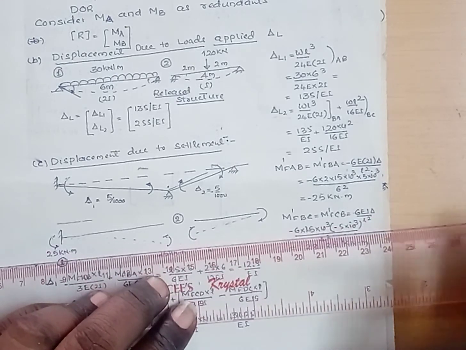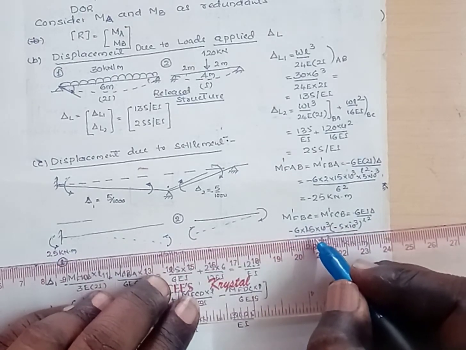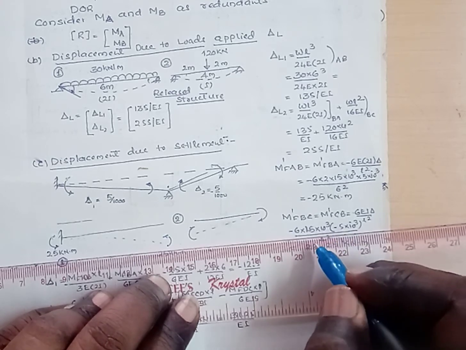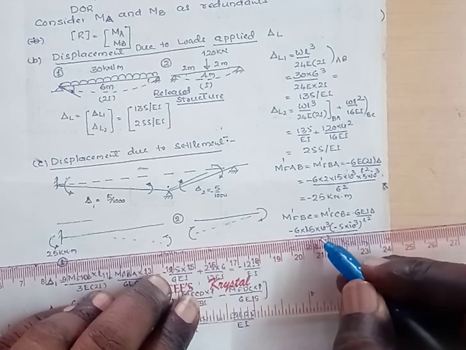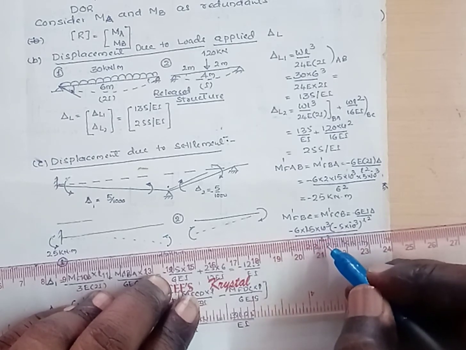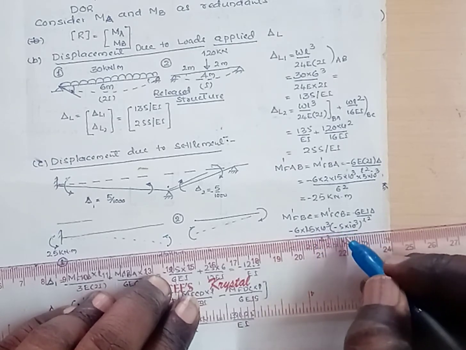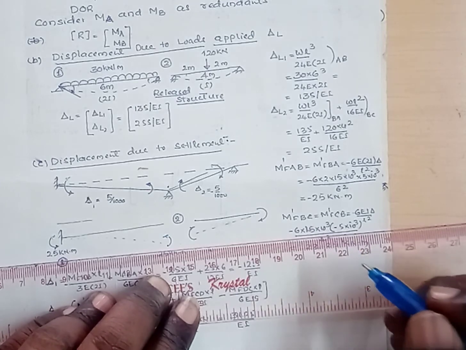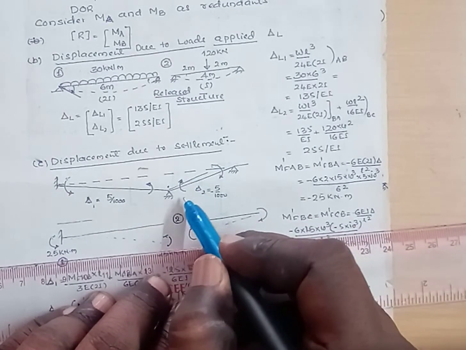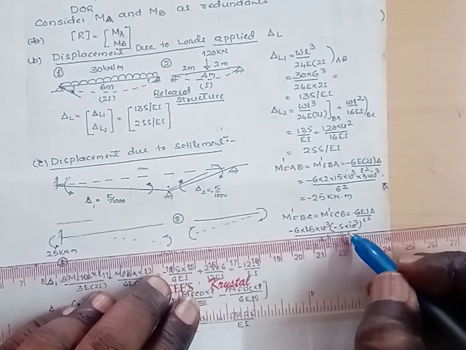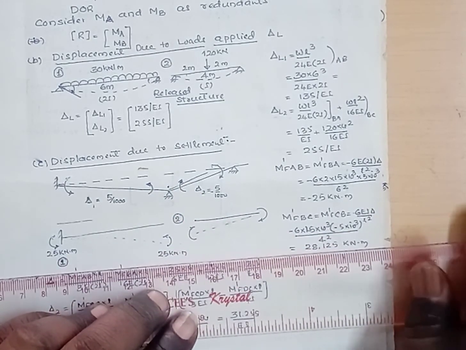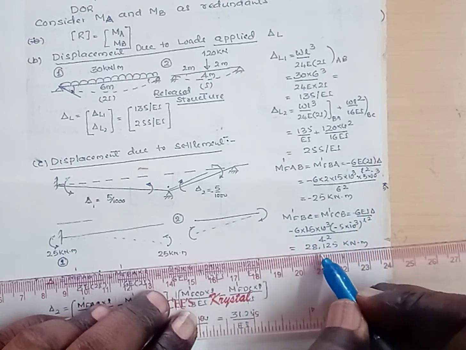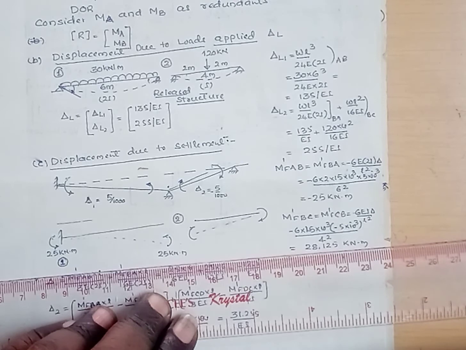By substituting the values, minus 6, the moment of inertia is 1 times I, hence 15 into 10 to the power of 3, and delta is minus 5 into 10 to the power of minus 3. The rotation with respect to horizontal is anticlockwise, hence this is negative. Then divided by 4 square, minus into minus becomes plus 28.125 kilonewton meter.